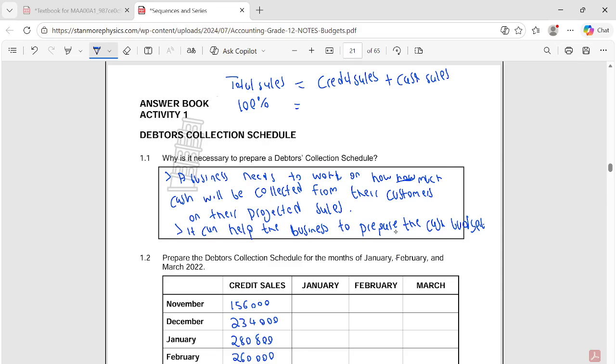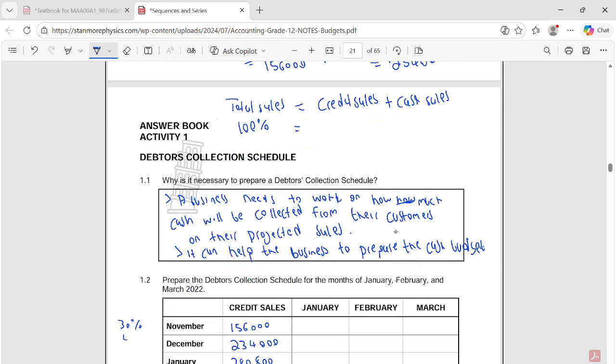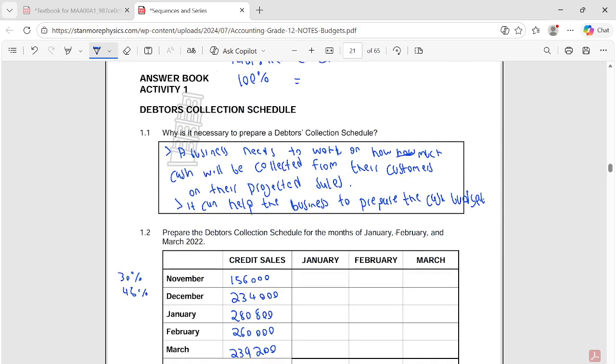November, right? So for November, we're saying that 30% will be paid in November, right? And then what's the other percentage? The other percentage is 45%. So 45% will be paid in December, right? And then what about the other percentage? 18% will be paid in what? January. So therefore 18% will come here of what?